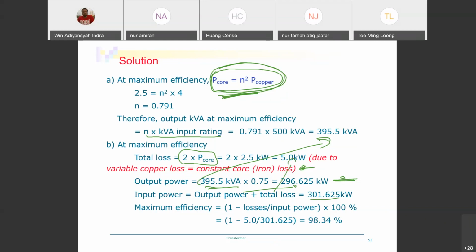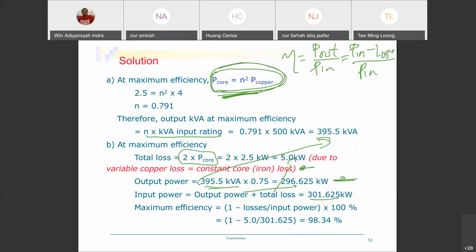So just like the common formula, 1 minus losses over input power times 100%. So basically P out over P in, right? P out equals P in minus loss. P in minus loss over P in.